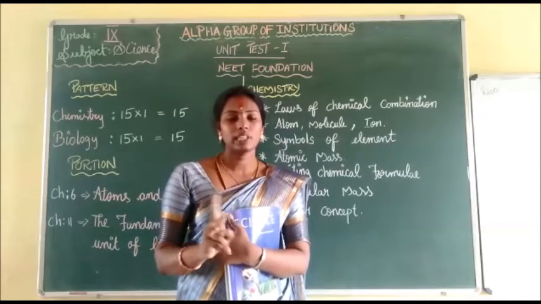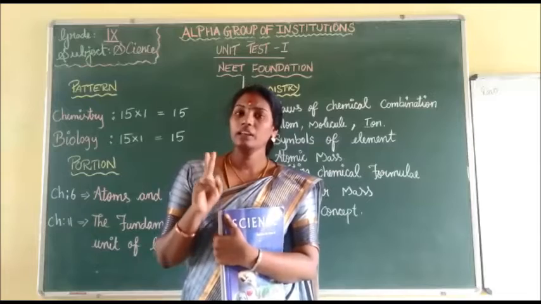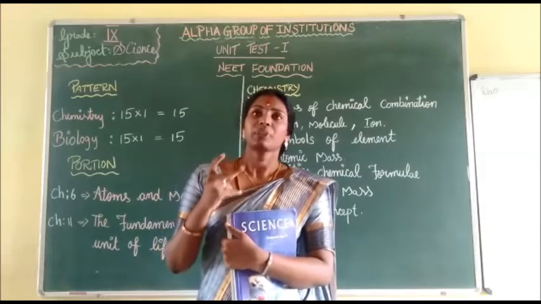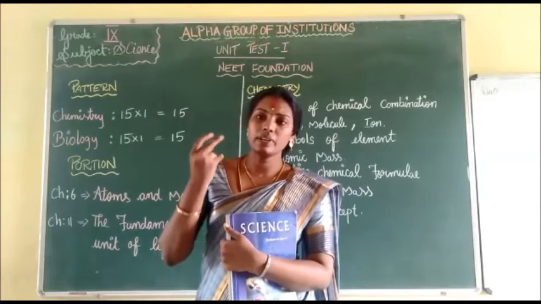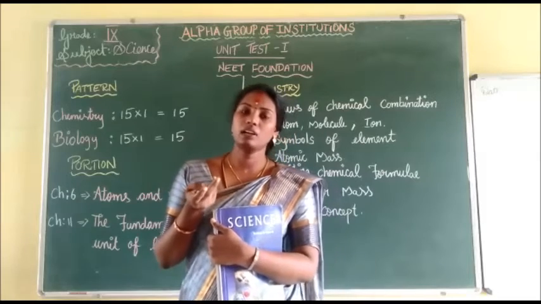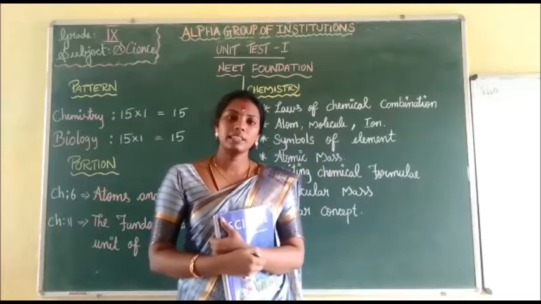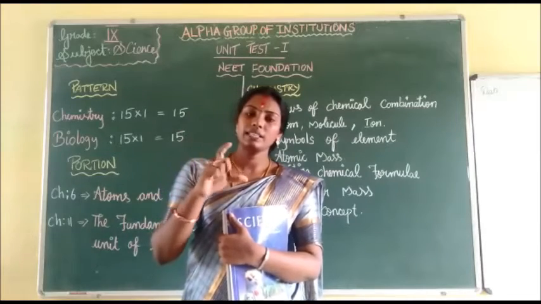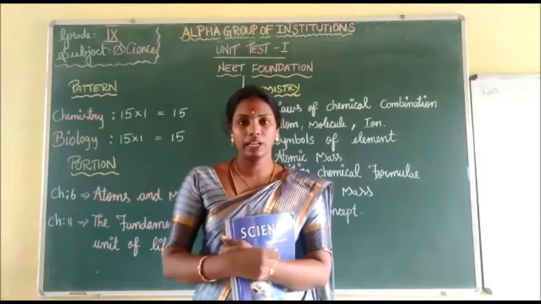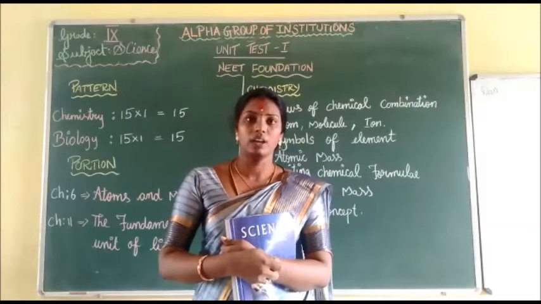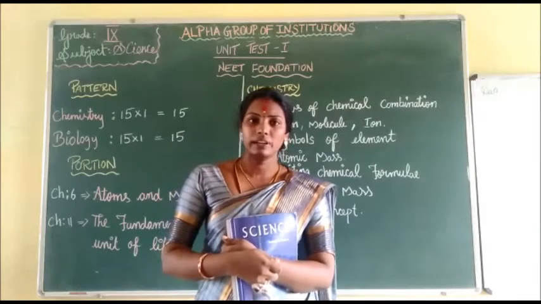The two laws were given by Antoine Lavoisier. First we will discuss the law of conservation of mass. It states that mass can neither be created nor destroyed in any chemical reaction.